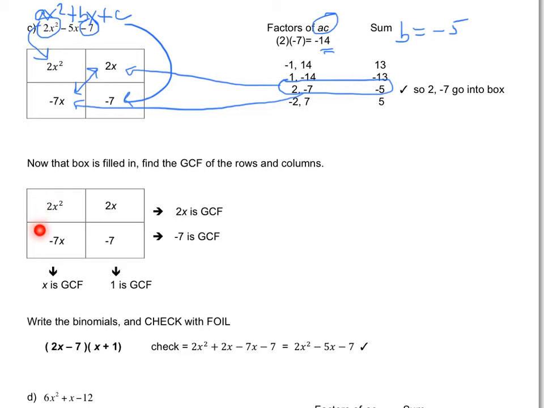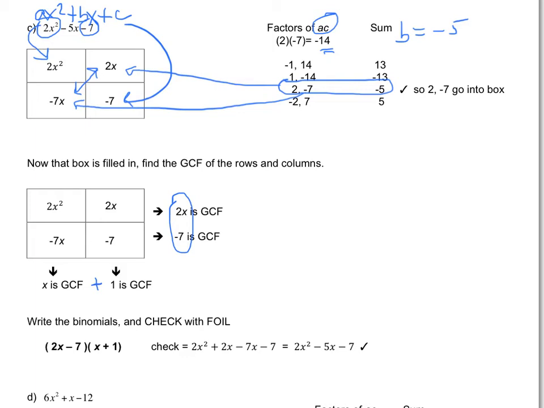Coming down, 2x squared and a negative 7x squared, all that's in common right now is an x, and 2x and a negative 7 looks like nothing, but there's always a 1 in common. So with this in mind, I think 2x minus 7 times x plus 1 comes from this down here for the x plus 1, and the 2x minus 7 from here.